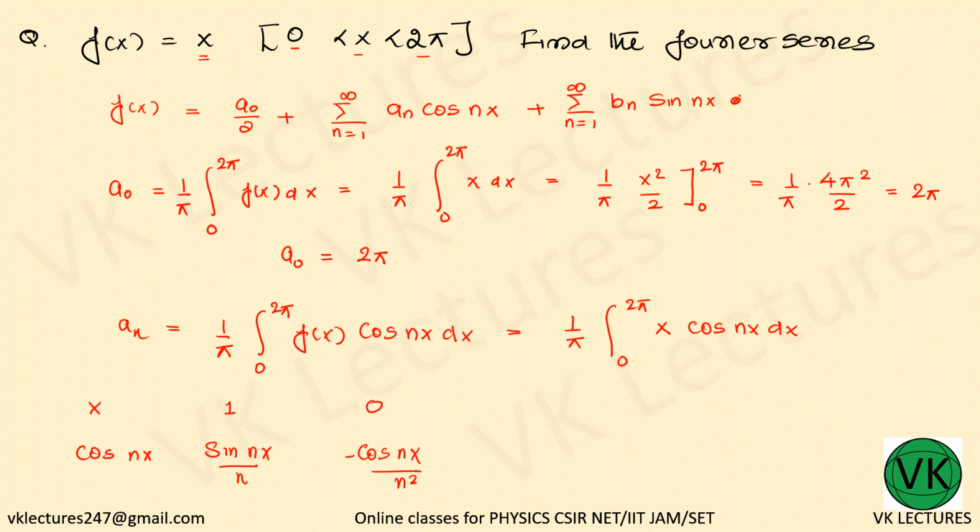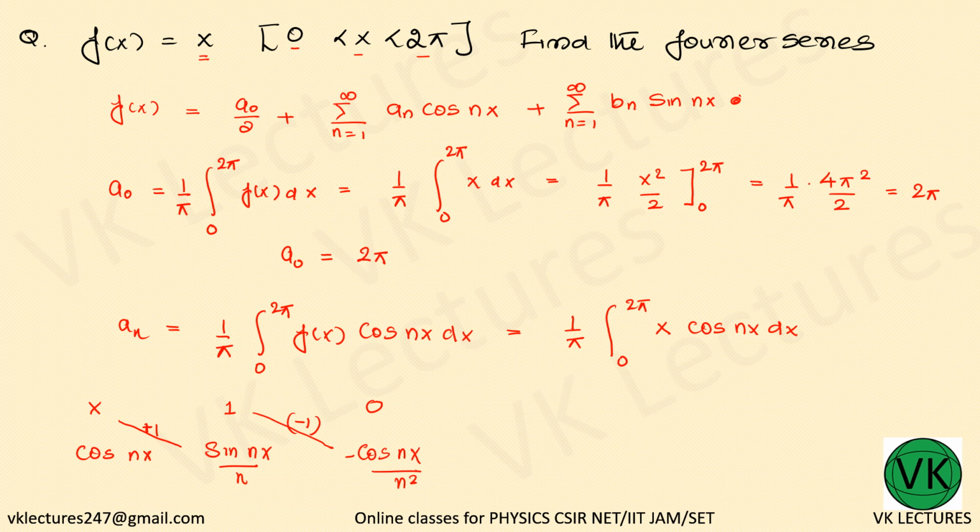The first term is x into sin nx by n, multiplied by plus 1. The second term is 1 into minus 1 into minus cos nx divided by n square.